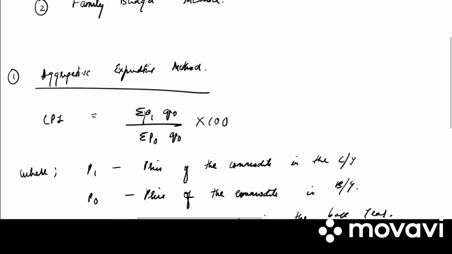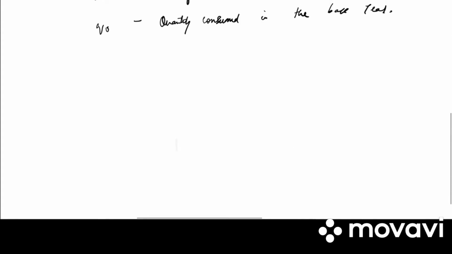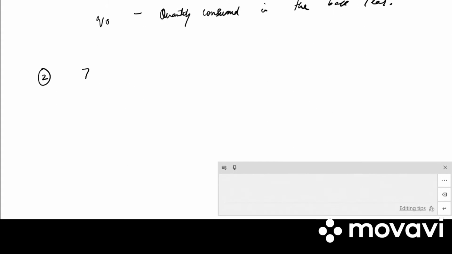So summation P1 Q0 will show the expenditure in the current year and summation P0 Q0 will show the expenditure in the base year.